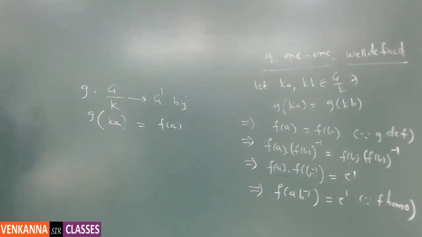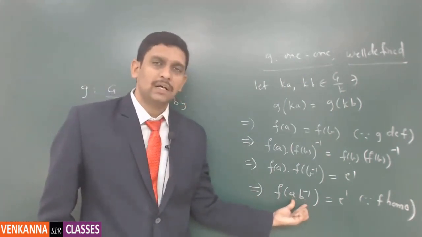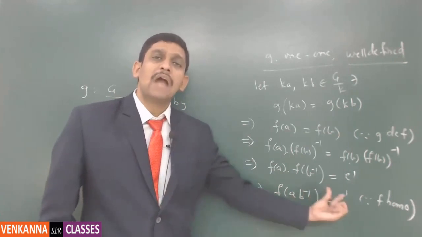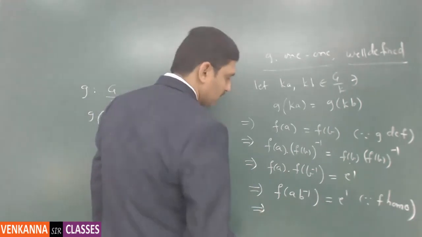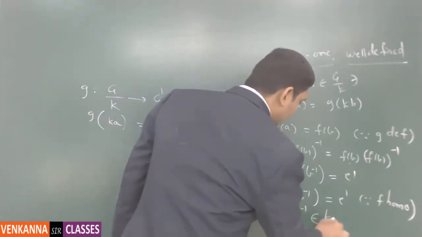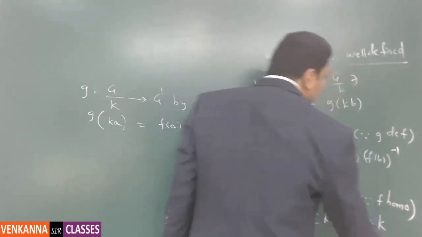Now understand that this is an element for which I have applied the function f and the result is the identity. Therefore, from the definition, a b inverse belongs to kernel f. For this, I have given the name K.